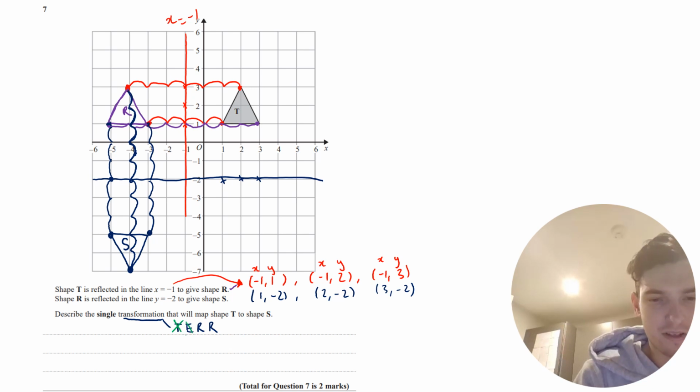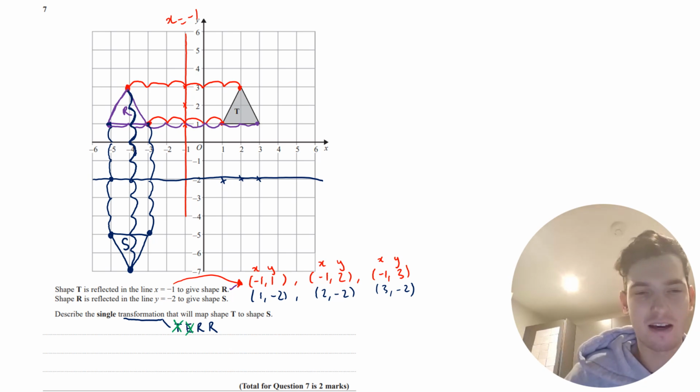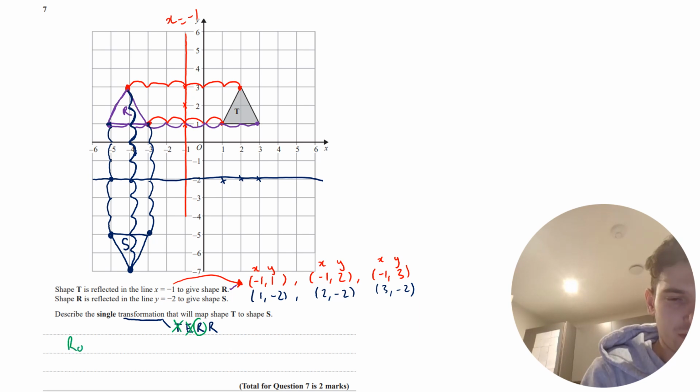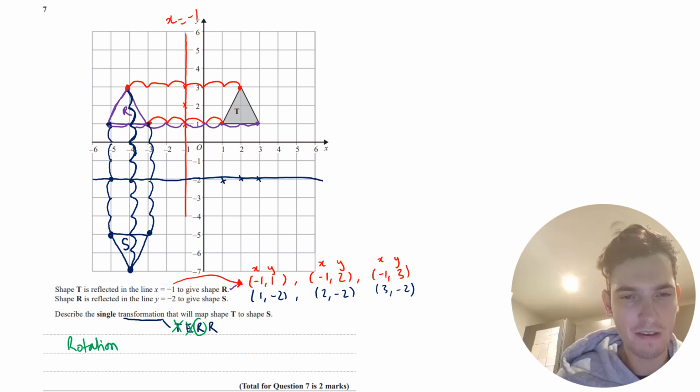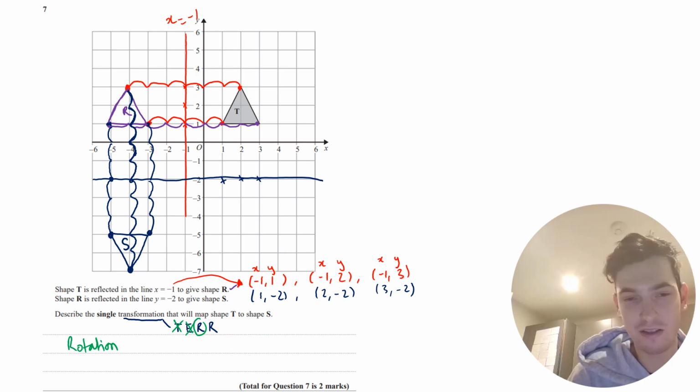Definitely not an enlargement because the shape isn't bigger or smaller. I actually think this is going to be a rotation. So you get your tracing paper, if you have it, and then you try out some different points that could be the center of rotation.